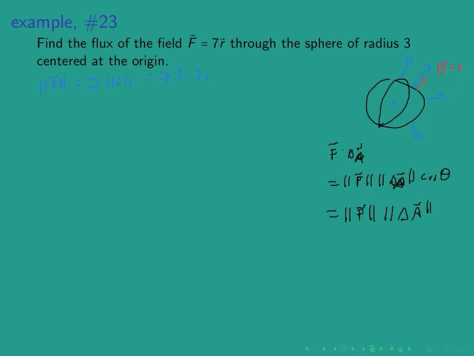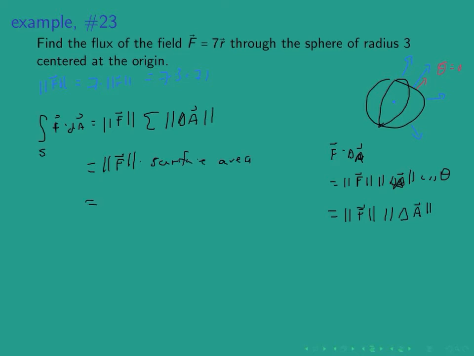So when we calculate the flux integral, this is simply going to be the magnitude of the vector field times the sum of the magnitudes of all the delta A vectors. And as we let delta A go to 0, this sum is simply the surface area of the sphere. So what we get is the magnitude of the vector field times the surface area of the sphere.